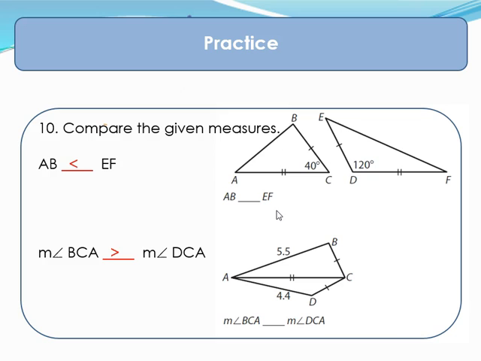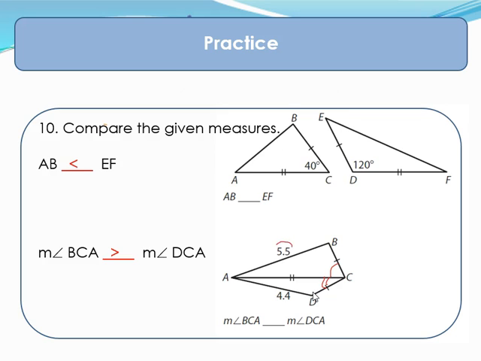Now they also had the measure of BCA, so that's this angle right here, and the measure of DCA, which is this angle right here. Is it greater than or less than? Well, let's look at the side that it's opposite. BCA is opposite a length of 5.5, and DCA is opposite a length of 4.4.